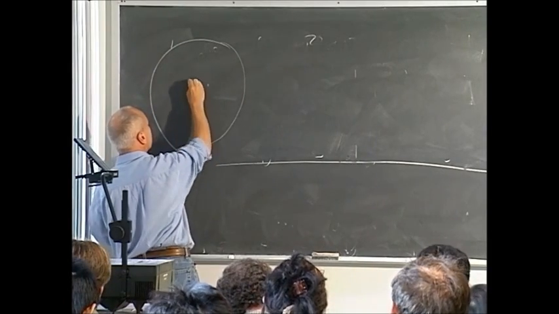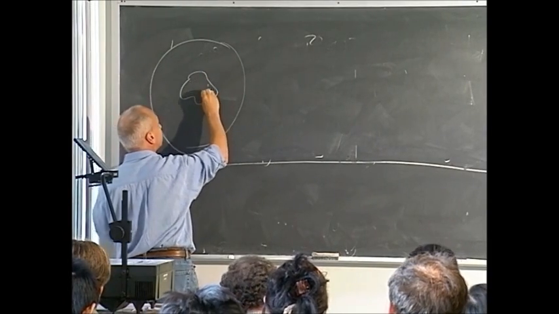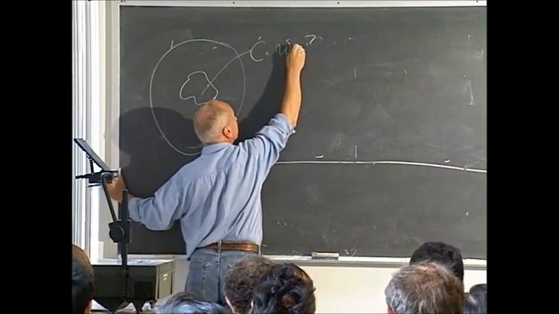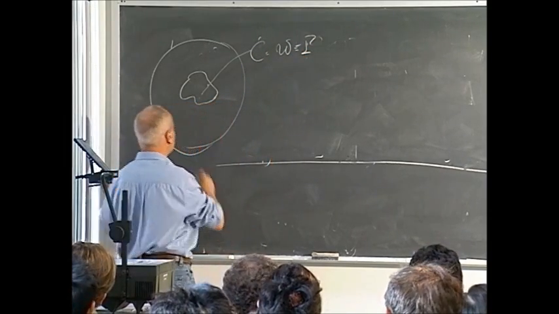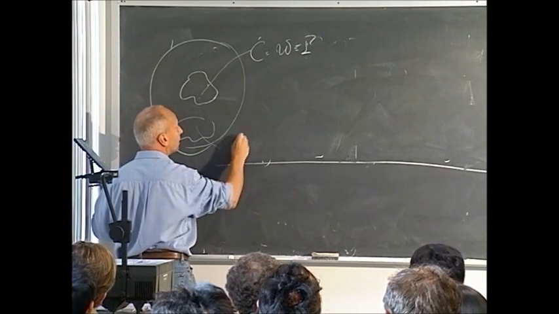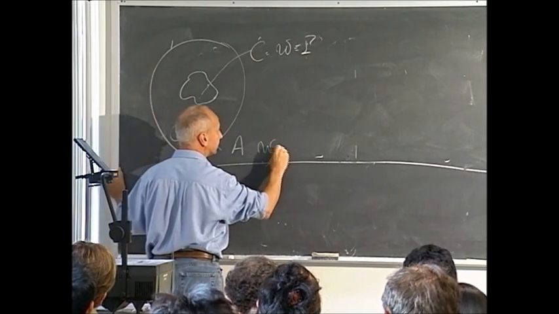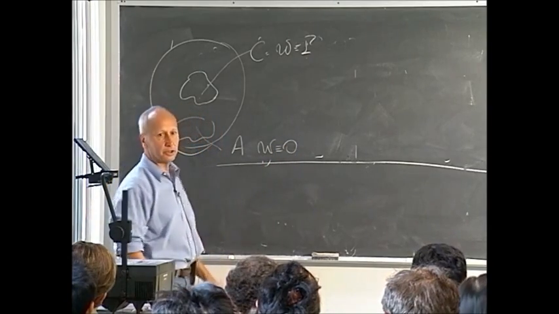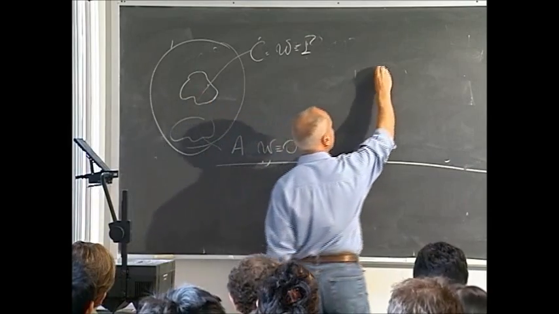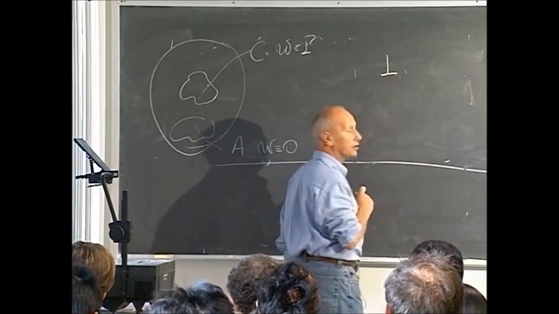I have here the set C, where W is identically 1, and I have here the set A, where W is identically 0. Okay? So I take a point x0 here, and so I have that W is 1.